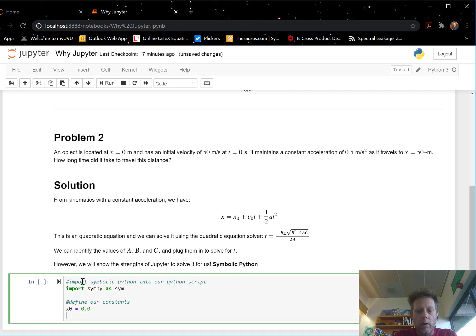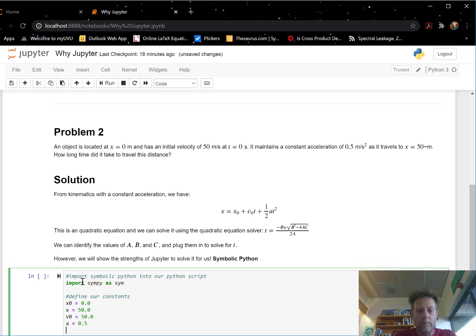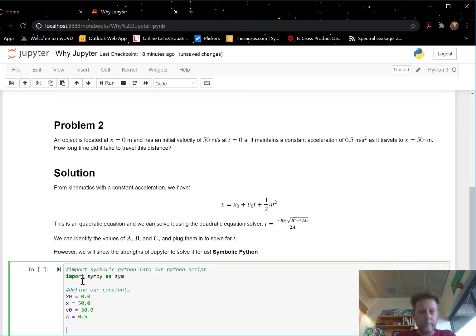We have our final position, I'm just going to call it x, is 50 meters. We have our initial velocity, I'm going to call it v0, that is 50 meters per second. And then we have a constant acceleration that is 0.5 meters per second squared. So those are our constants, okay?